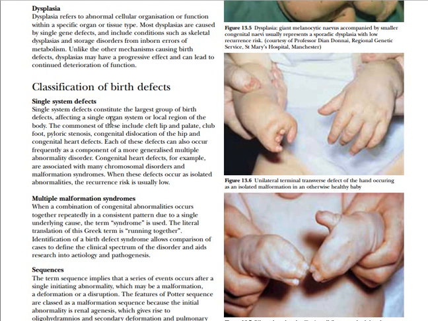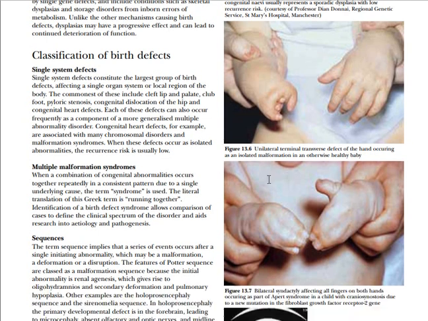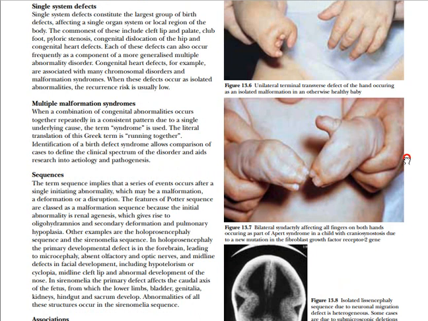So this is an example of a single system defect because only one local region is affected. Is it clear? And this is also an example of a single system defect because only one region is affected. Both hands are affected, but there is only one organ, that is the limbs, that is affected.